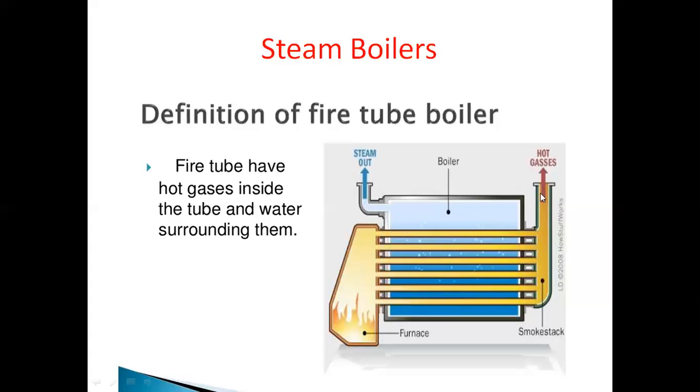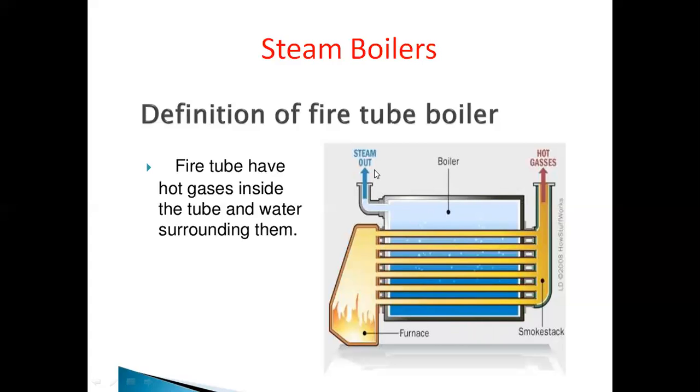Here is the chimney, also called the smokestack, which allows the hot gases to be sent to the atmosphere. The furnace is located here in the boiler. This is the boiler which has water; the blue color shows the water.